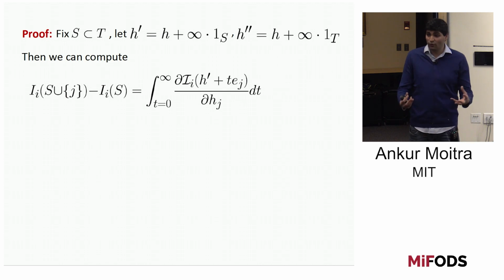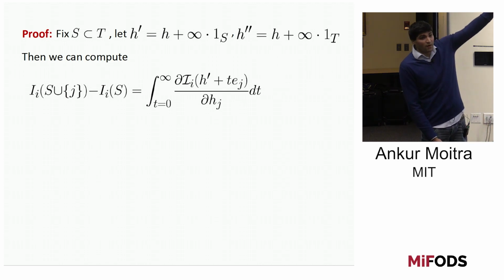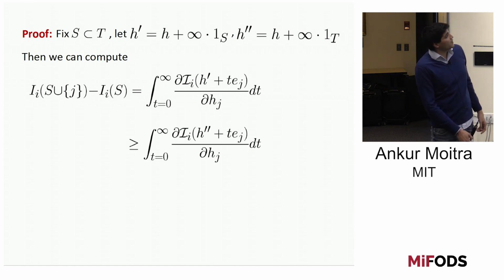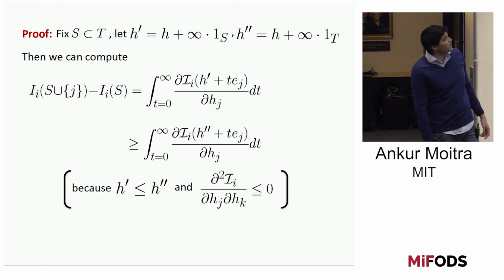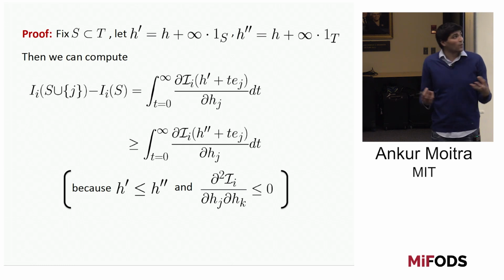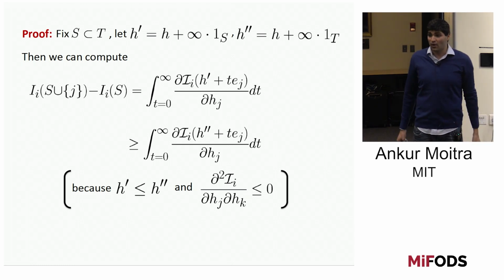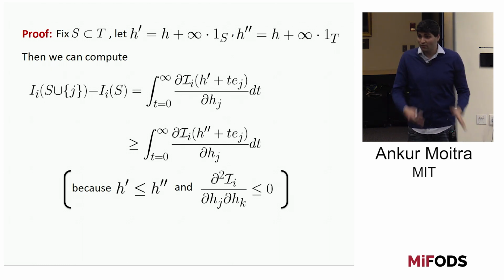You write down the difference between the influence functions as this integral of the partial derivative of the smooth influence function. And the key property is that you can lower bound that by instead plugging in H double prime. The reason for that is because the way that I've defined H prime and H double prime, H prime is coordinate-wise at most H double prime. So in fact, when I use the fact that the second derivative is non-negative, I can actually transport this inequality into the other one without increasing it.